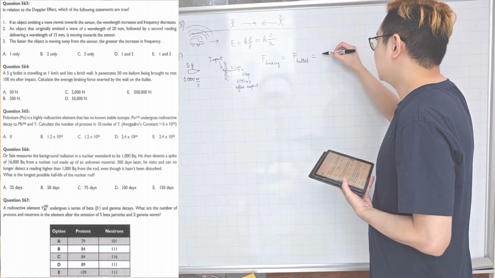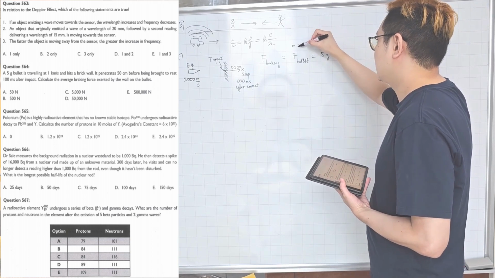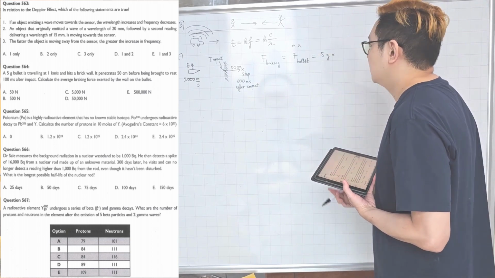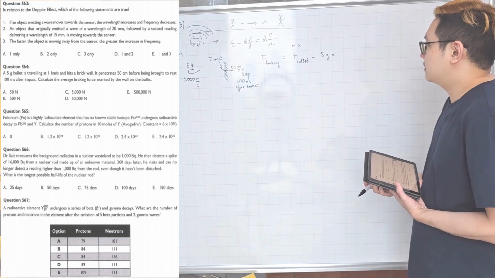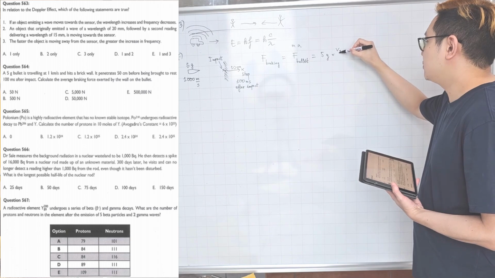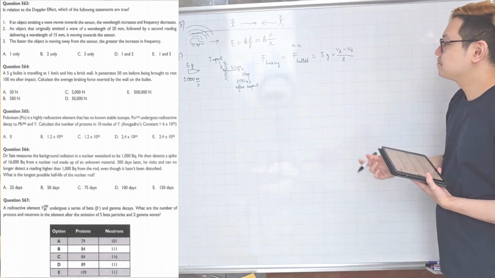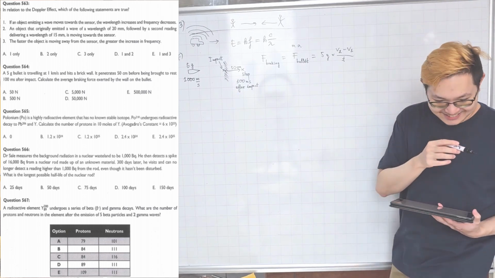So is it the same as 5 grams times, because F equal to ma. So m is 5 grams. A is basically V2 minus V1 divided by t, right? So, yeah, you're right. Perfect, correct.